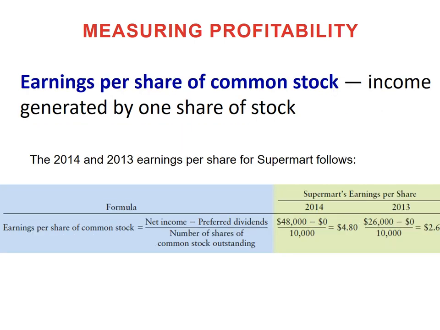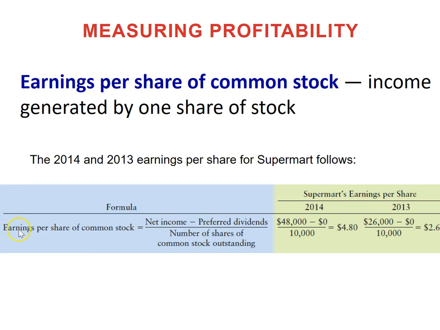Now another profitability ratio is EPS, or earnings per share. EPS is only for the common stockholders. So again, if anything is for the common stockholders, you will take out the preferred dividend. We need to know what earnings should go to the common stockholders. So whatever the total net income, you subtract your preferred dividend, and then divide it by the number of shares outstanding.